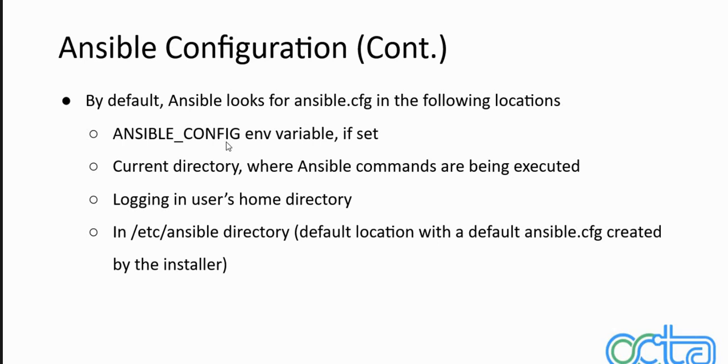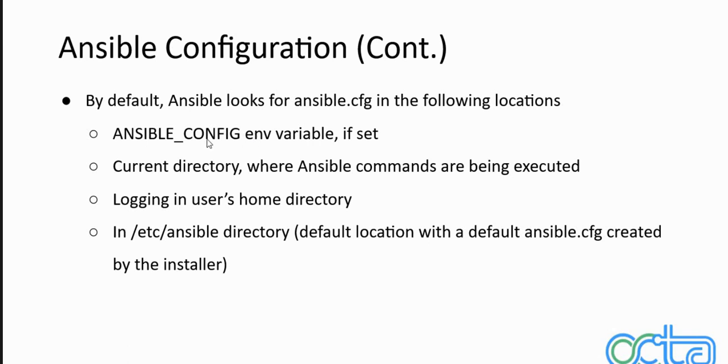If this environment variable is set to some path, then your ansible.cfg will be picked up from that location. Okay? This environment variable will be given highest priority. If a path where your ansible.cfg is residing is provided, it will be considered.